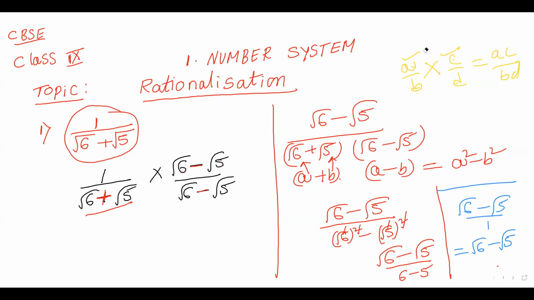In the question, we were having an irrational number in the denominator. After rationalization, the irrational number in the denominator disappeared. The purpose of rationalizing is to remove irrational numbers from the denominator. Is that okay?